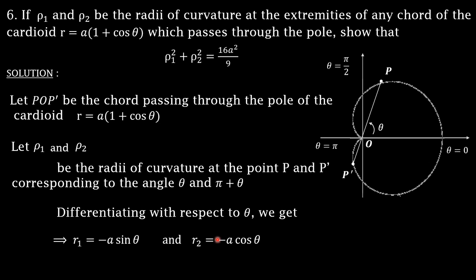Substituting it in the formula of radius of curvature, that is rho 1 is equal to r square plus r1 square to the power 3 by 2 divided by r square plus 2 r1 square minus r2.